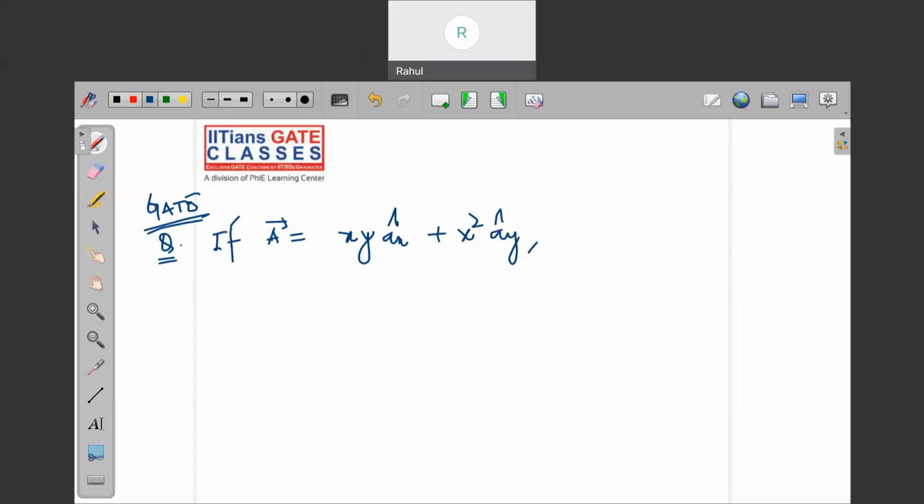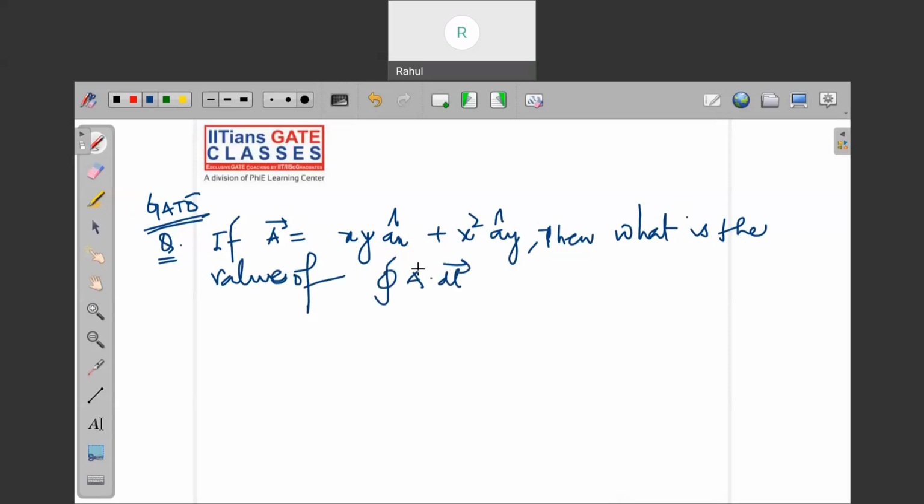What is the value of the integral of A dot dl over the path shown in the figure?